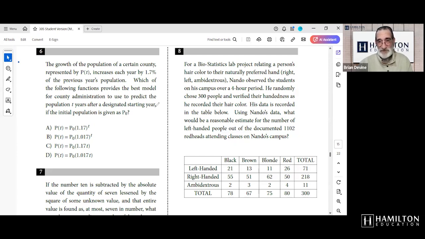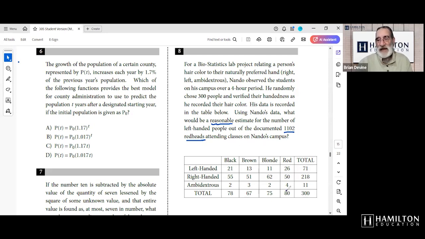He randomly chose 300 people and verified their handedness as he recorded their hair color. His data is recorded in the table below. Using Nando's data, what would be a reasonable estimate for the number of left-handed people out of the 1,102 redheads that are on Nando's campus?